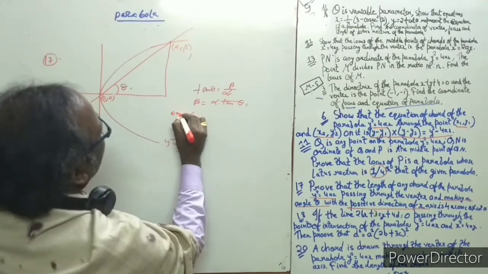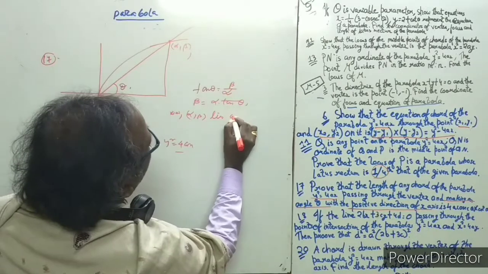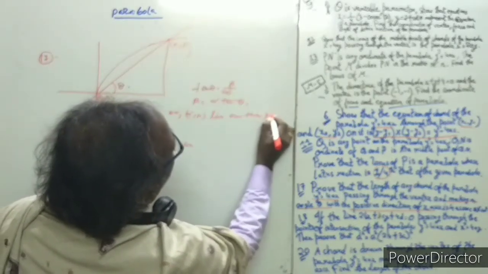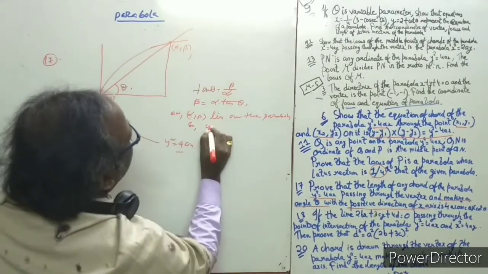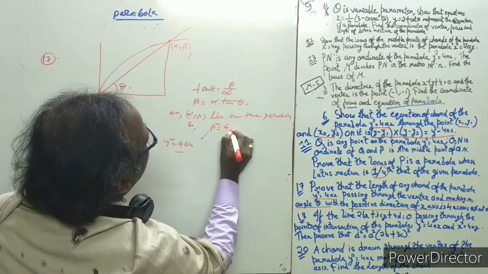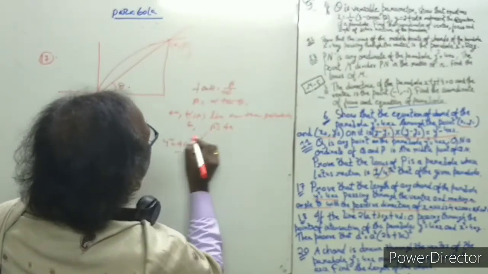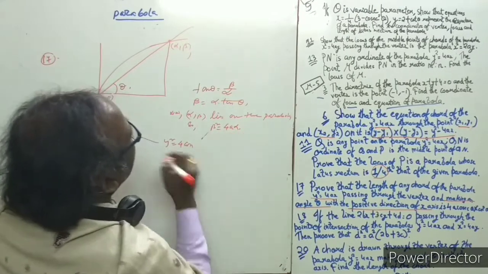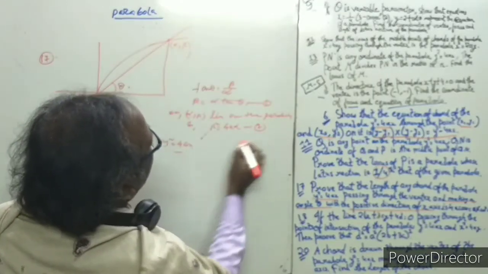And these alpha, beta satisfy this equation. Now alpha, beta lies on the parabola. So we can write here that beta square is equal to 4a alpha. Okay, so this is 1 and this is 2.